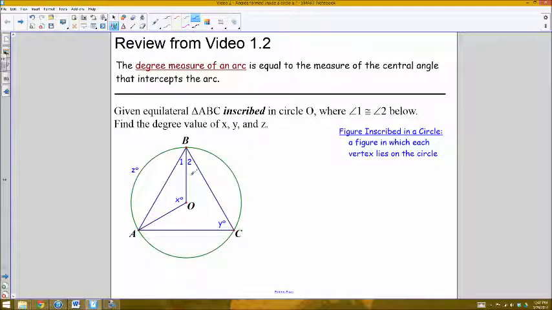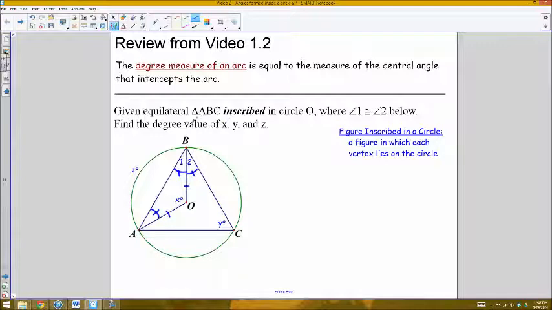First, since angle 1 is congruent to angle 2, I can label in my diagram that these two are congruent. Second, since this is a circle and OB and OA are both radii, these two values will be congruent, meaning that triangle AOB is isosceles, so its base angles will be congruent. Now it falls to me to figure out what the measures actually are.